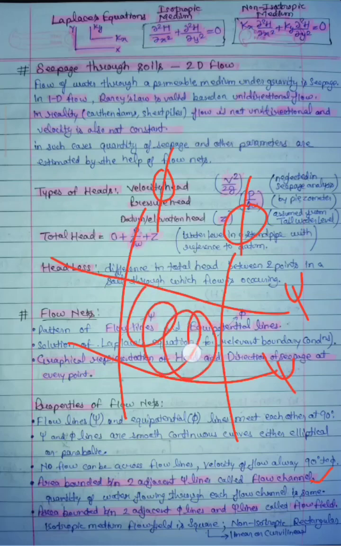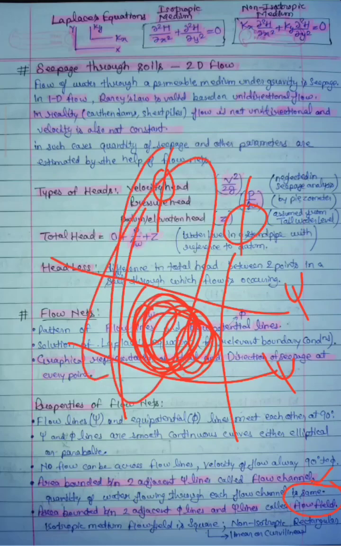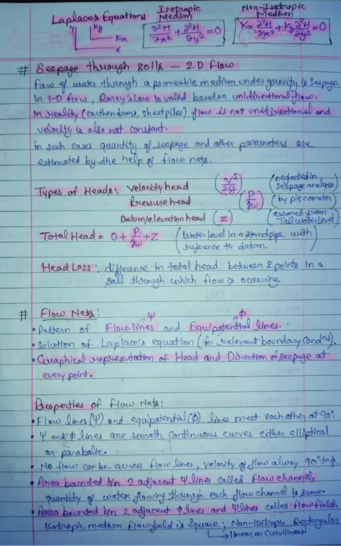The area bounded by adjacent psi lines and phi lines is called a flow field. So this is the flow field. In an isotropic medium the flow field is square, and in a non-isotropic medium it is rectangular, or we can say it is linear or curvilinear.